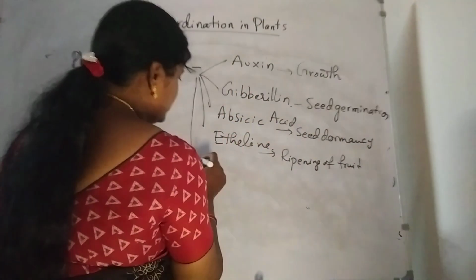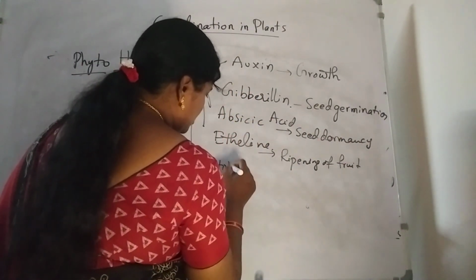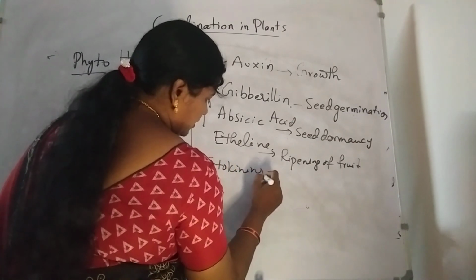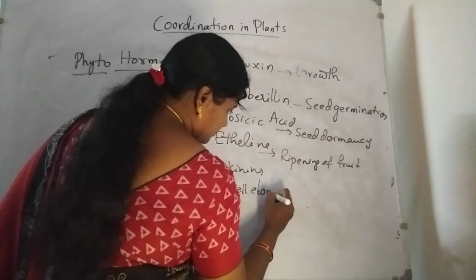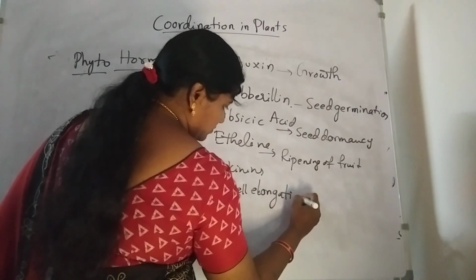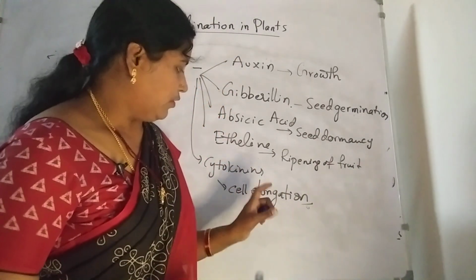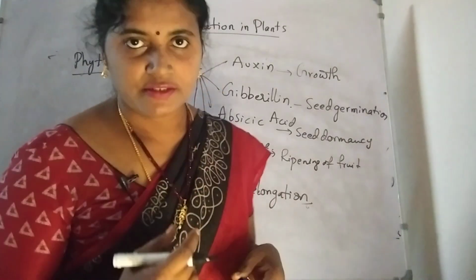And the fifth one is cytokinins. Cytokinins are for cell elongation and cell growth.